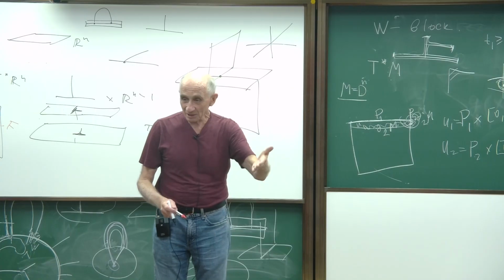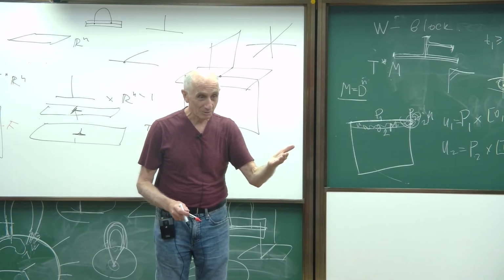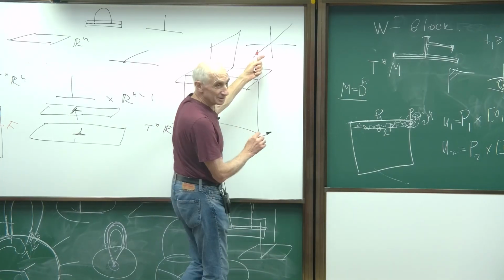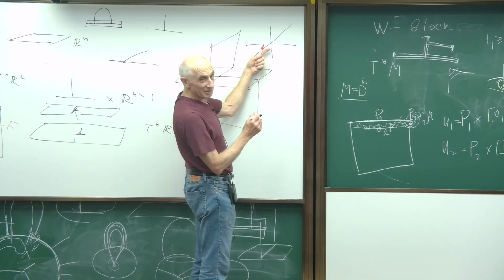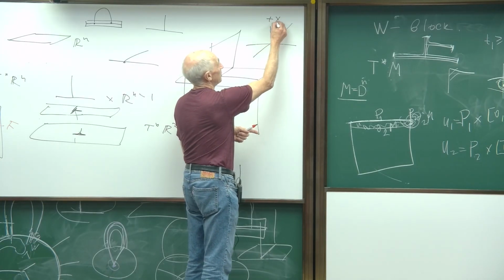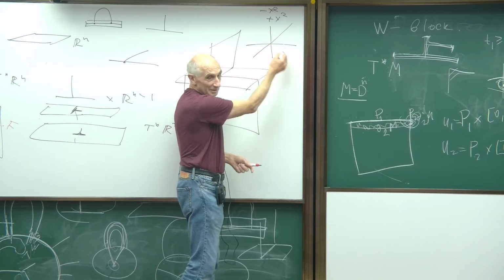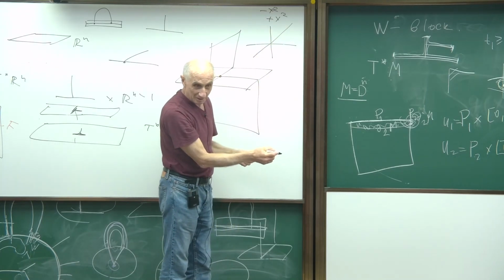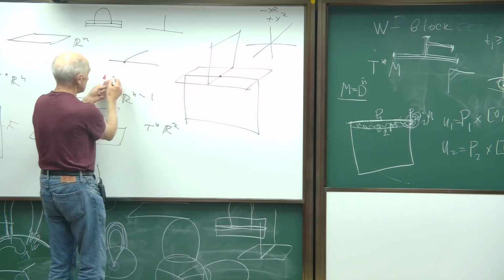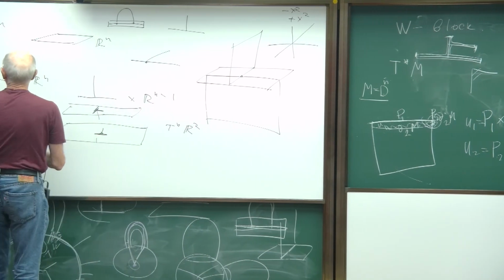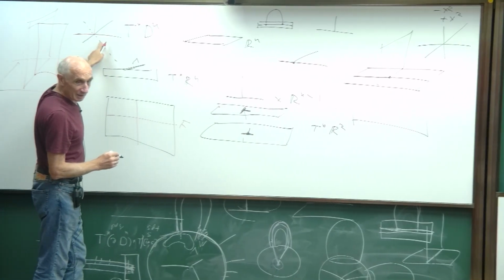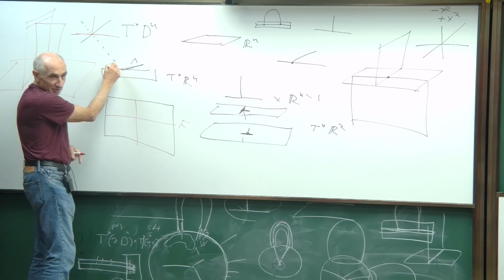And because it's linear, it's a graph of a quadratic form. So in this one-dimensional case, this quadratic form is either plus x squared or minus x squared, depending on which one I take.